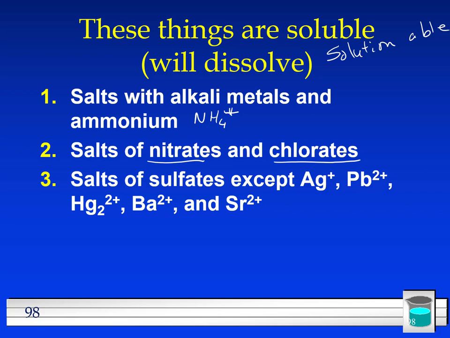So strontium sulfate would be a solid, but magnesium sulfate would dissolve in water, because magnesium is not on the exception list. So magnesium sulfate dissolves in water, strontium sulfate is a solid, is a precipitate, because it's an exception to rule number 3.